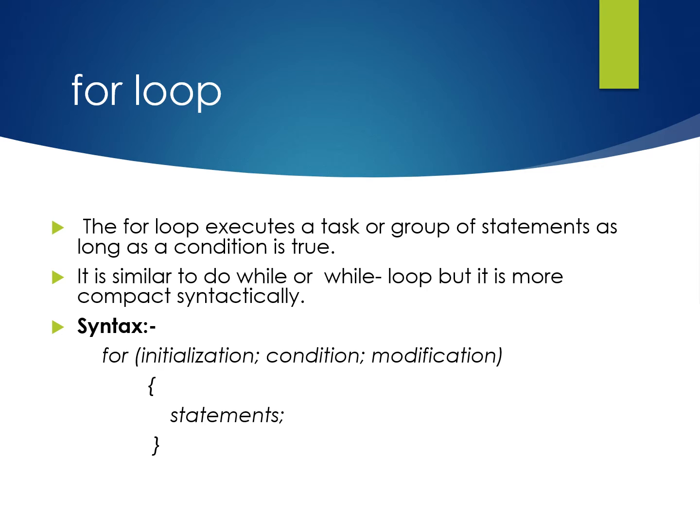Then we check the condition. If it is true, then the next statements will be executed. Otherwise, it will come out of the loop. And modification is like increment or decrement or any step size which we can take for this loop. So that is the for loop.